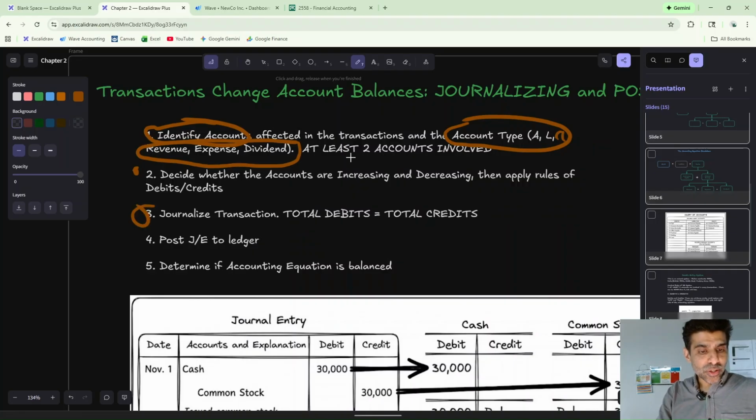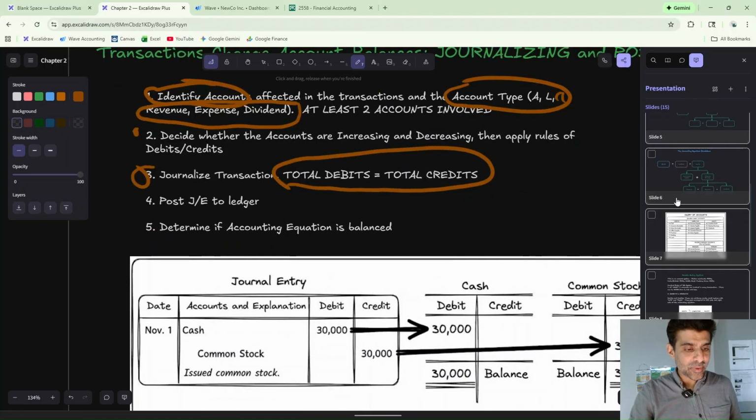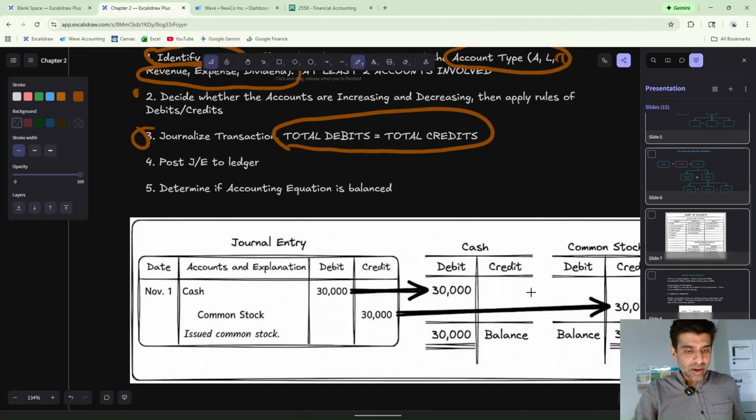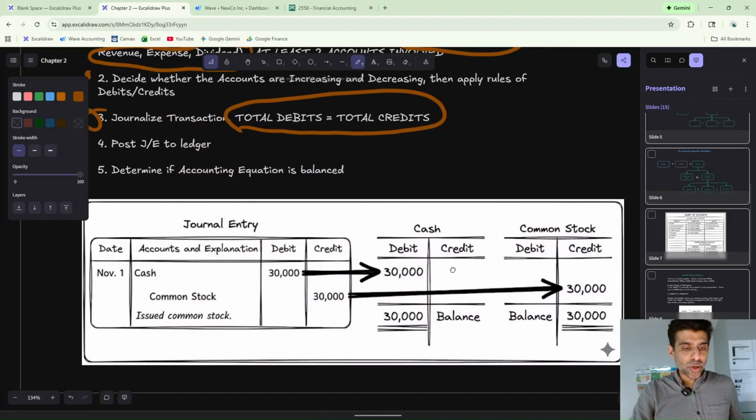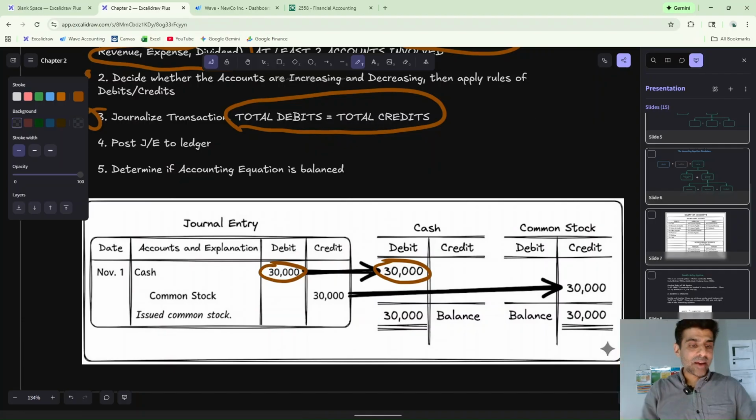So then we do the journal entry, making sure that the total debits equal the total credits. Now the next part that we're getting to is posting it. We're going to split this journal entry apart and update the T accounts for each of these. You can see that the 30,000 for cash is going to end up on the T account on the correct side, the debit side of cash.